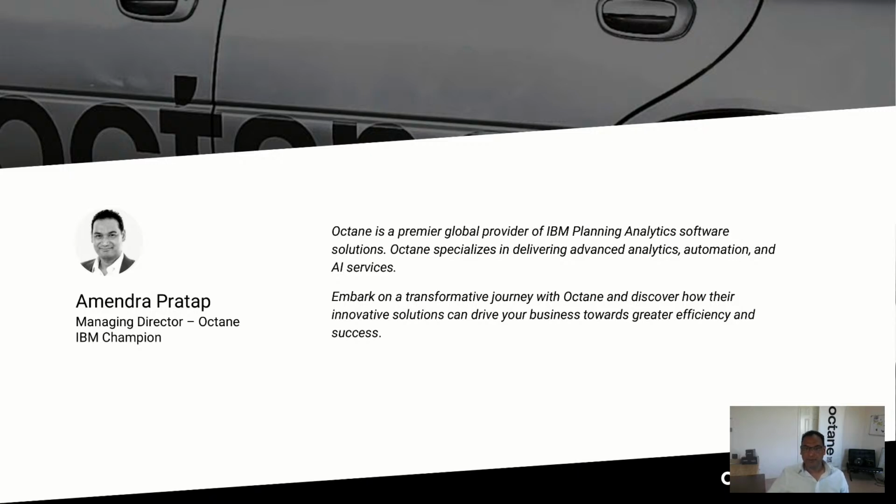So we're well and truly embedded in the ecosystem. We work very closely with IBM on upcoming enhancements, and also provide feedback on what the market is saying about TM1 and what the next level of development should be in the product.